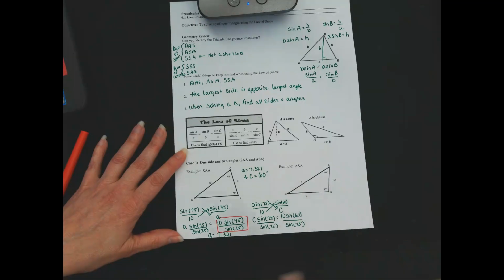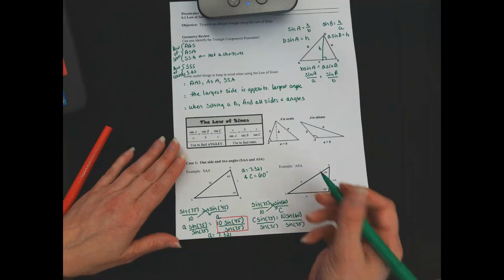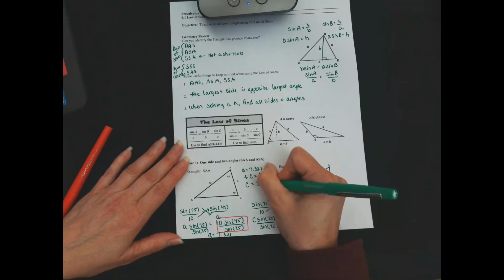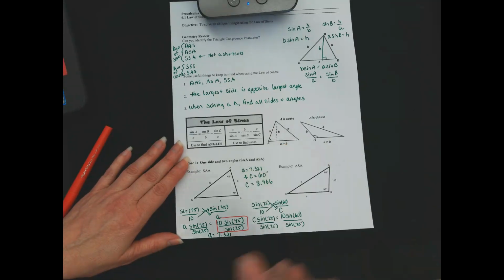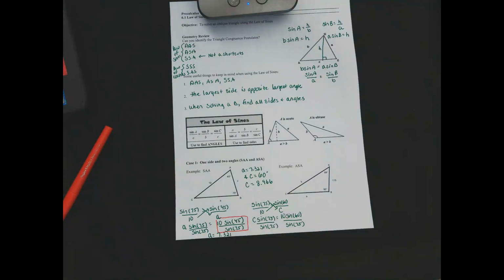And I get, when I do 10 times the sine of 60 divided by the sine of 75, side C ends up being 8.966. Typically, when we're doing anything trig, we do want to make sure we're rounding to at least 3 decimal places.